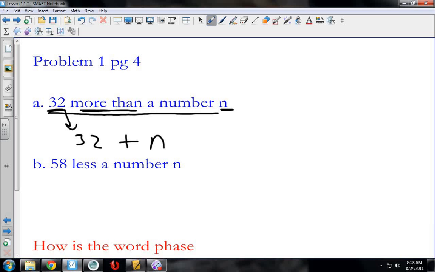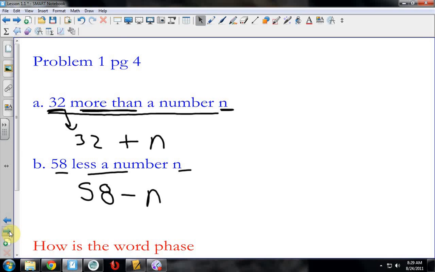All right. Here we have 58 less a number n. What's some of the math stuff in this one? Yeah, the 58. And then less a number means take away. And then number n, that's our variable. So we have 58 less a number n. Okay.